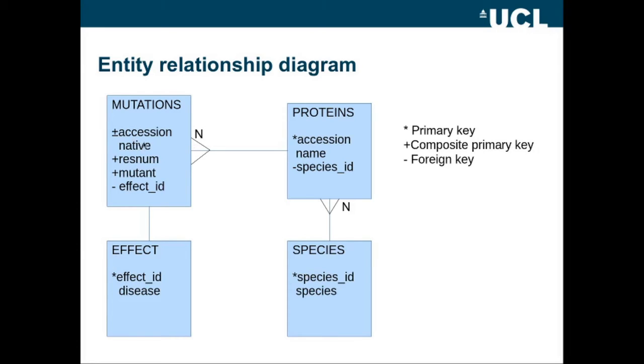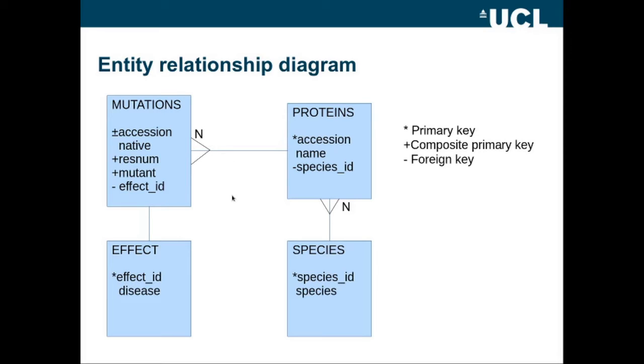In the case of the mutations table, we don't have a simple primary key. Instead, we have what's known as a composite primary key. So you have to have a particular protein accession, a particular residue number, and a particular mutant residue at that site in order to identify a particular individual row in that table.